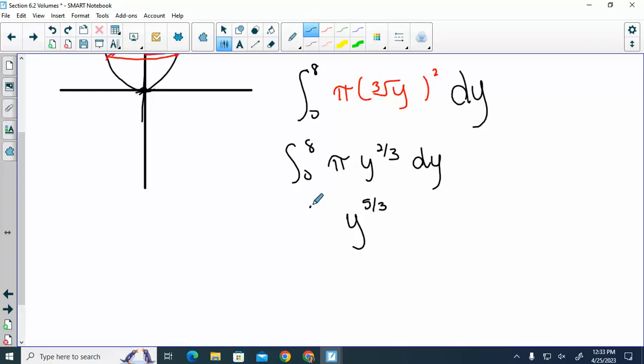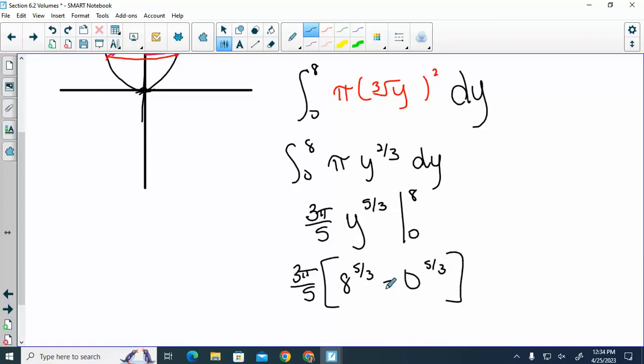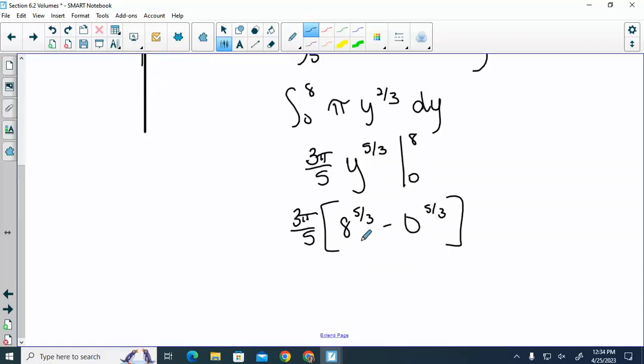So we would put 3/5 in front. So 8 to the 5/3. That's the cube root of 8, which is 2. To the 5th is 32. Minus 0, so we get 32 times 3 pi over 5, or 96 pi over 5.